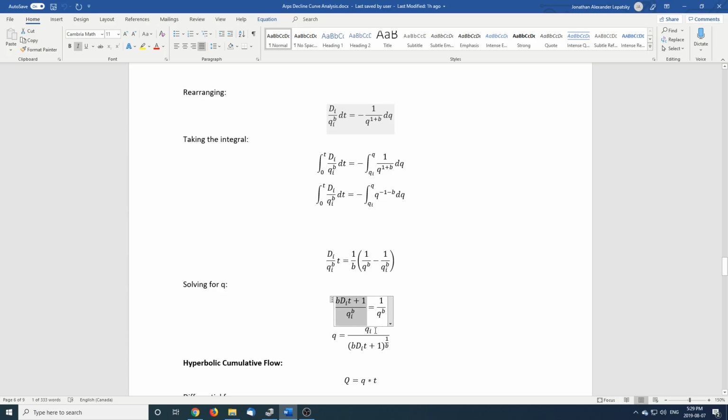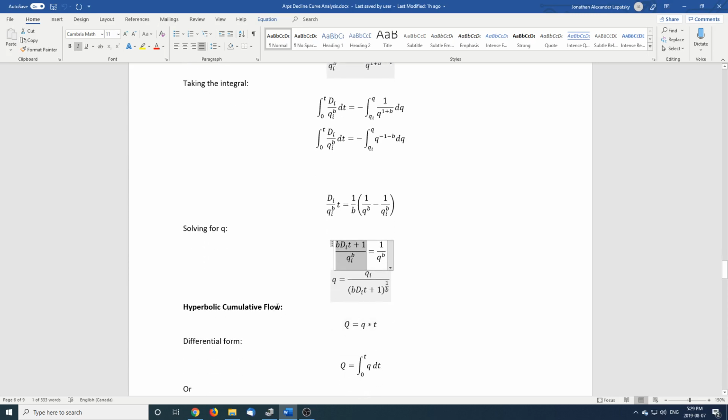So now you've got something that looks like this, and then you want to invert both sides, so flip them upside down so the fractions are the other way, and then take the b root of both sides, because that will get rid of the b, like q to the power of b. Take the b root on that side, take the b root on this side. That will get rid of the b exponent on the top, and then you'll just have the b root on the bottom for this part here. And then that's your hyperbolic flow rate relationship, where you're comparing q flow rate with t time.